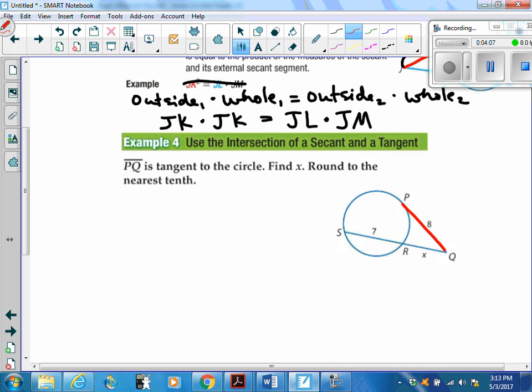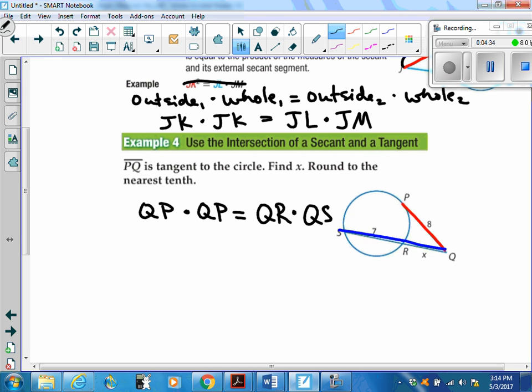We have a red segment and our blue segment here. For the red segment, we're going to have the outside, which is QP, times the whole segment, which is also QP. And that's going to equal the blue segment, where the outside is QR, and the whole segment is QS.